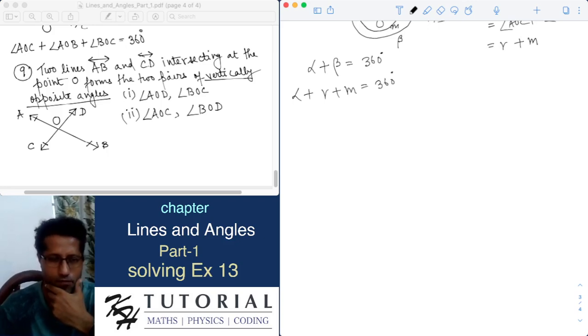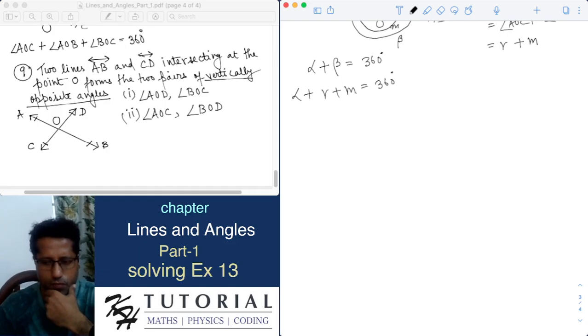So one pair of opposite angles is the angle AOD and angle COB or BOC, and the other pair of opposite angles is the angle AOC and angle BOD. So angle AOC equals angle BOD, since they are vertically opposite angles, and similarly the angle AOD is equal to angle BOC, as they are vertically opposite angles.